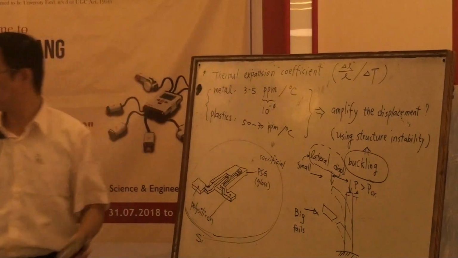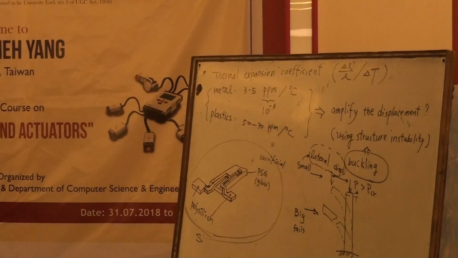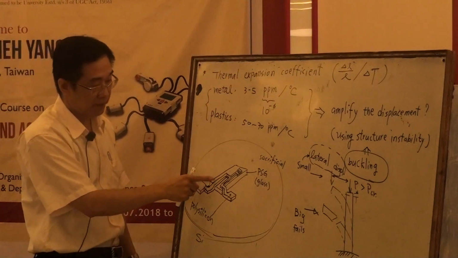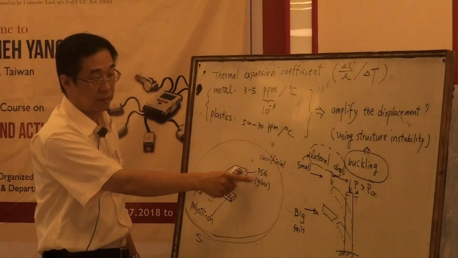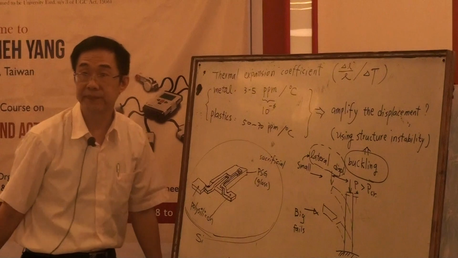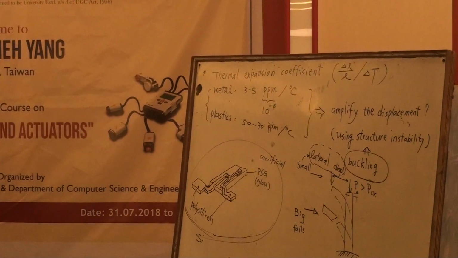But this place, long beam and short beam, they are freestanding, because it's lifted up by the sacrificial layer. I hope you can see very clearly the view from the blackboard.